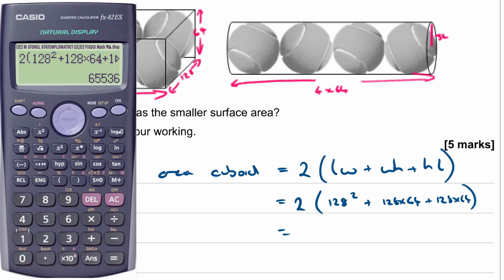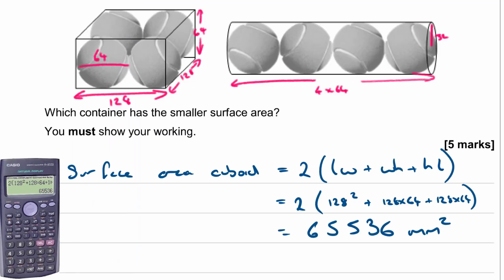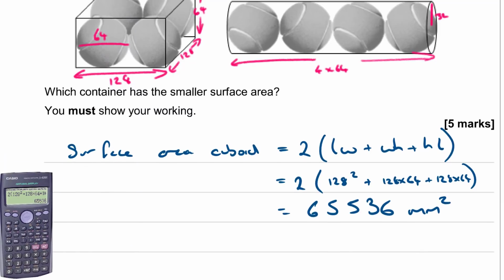It's got a surface area of 65,536. And that's going to be in millimeters squared. Okay, so that's the cuboid.